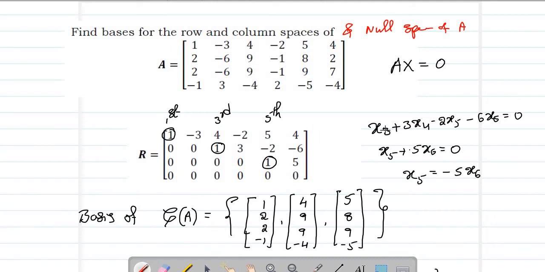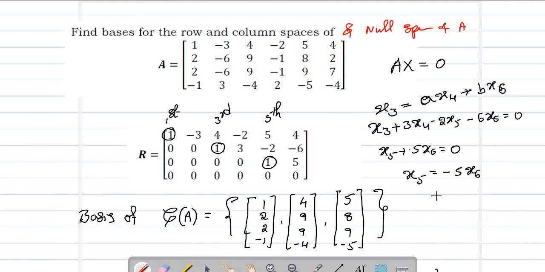Now you express x3 as a combination of x4 and x6. And next you look at the first row. From the first row you can write an equation.